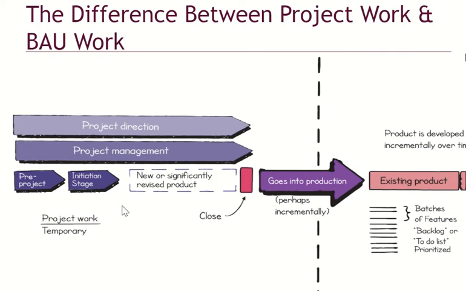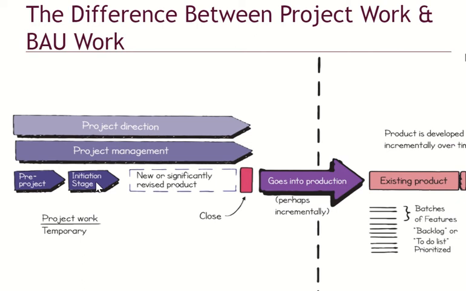In PRINCE2, there is some work you do before a project starts. That is called a pre-project phase. After the pre-project phase, there will be a stage called the initiation stage.